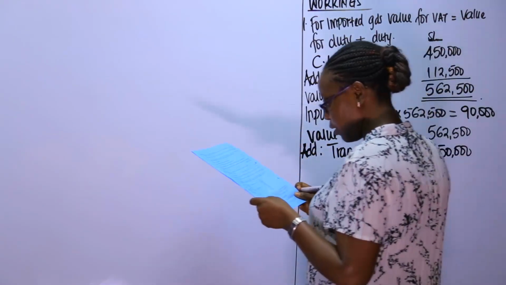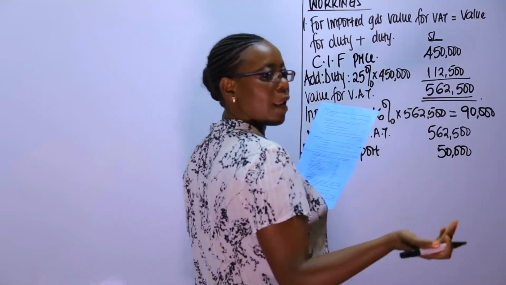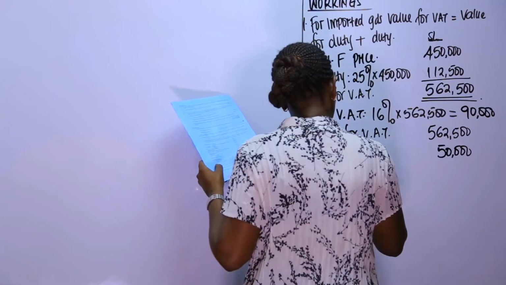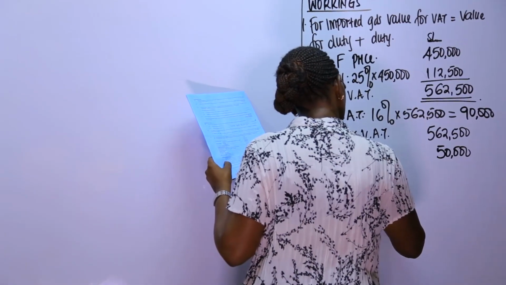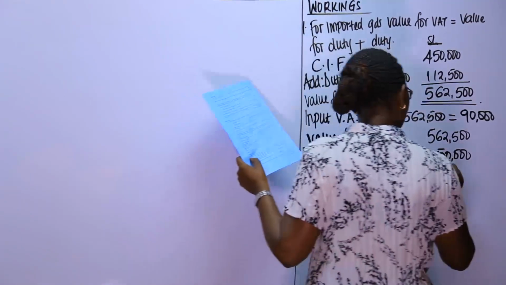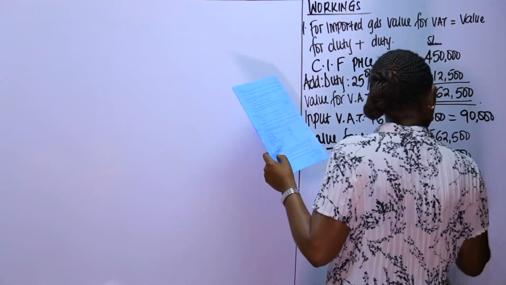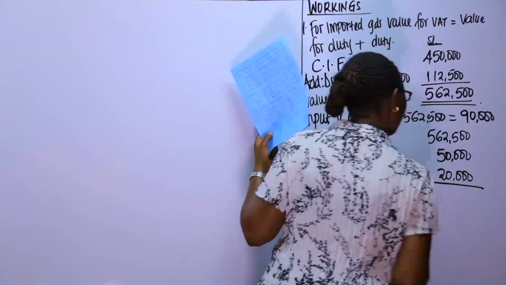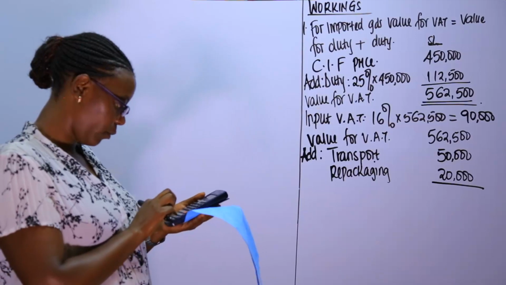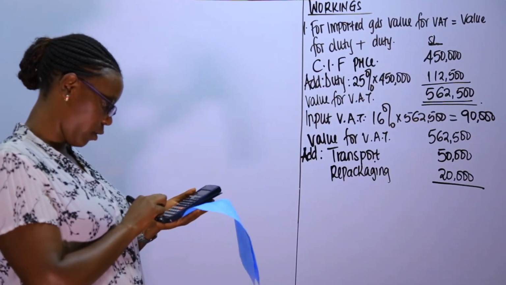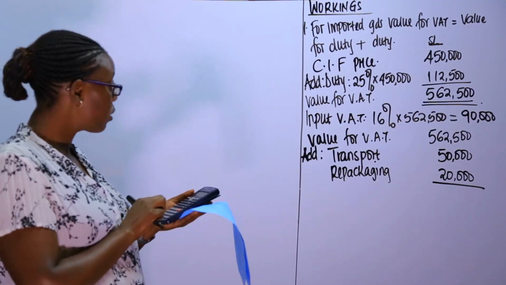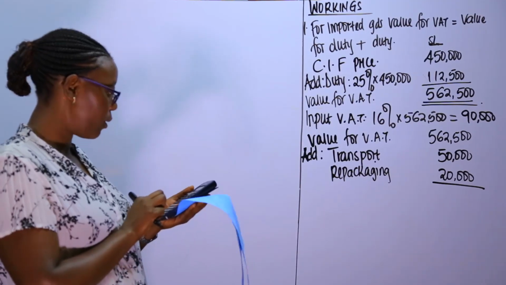Then he repackages the goods. When you repackage, you're breaking bulk. When you break the bulk, you're changing the form. So repackaging at a cost of 20,000. So as at that point, John has incurred 562,500 plus 50 plus 20.